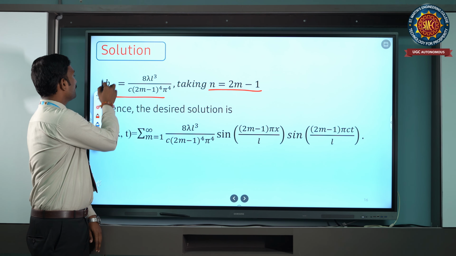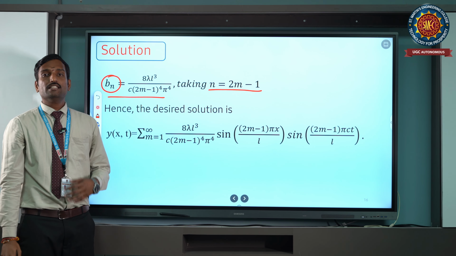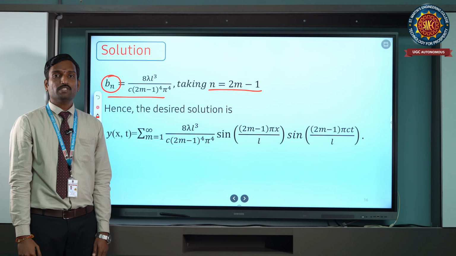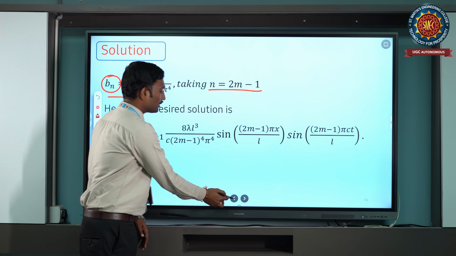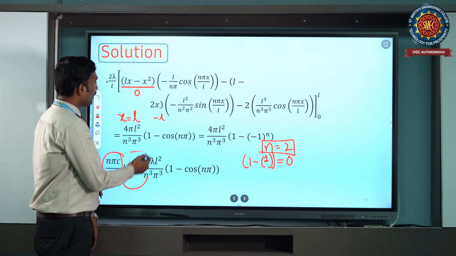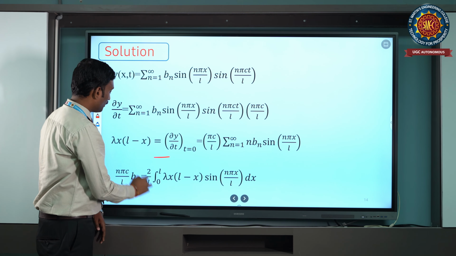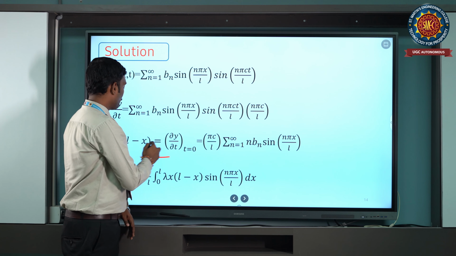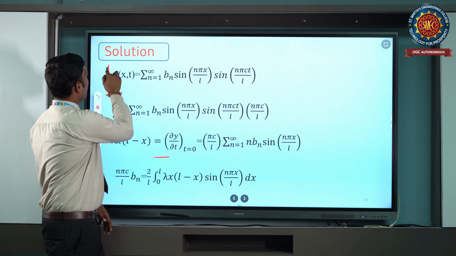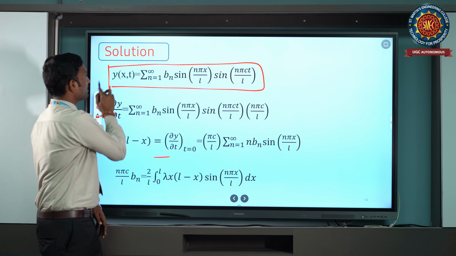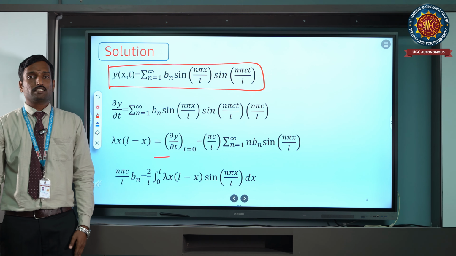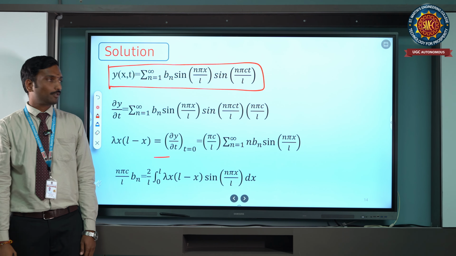This bn term we are going to substitute in the solution of the equation. The solution of the equation is given by y(x,t) equals bn sin(nπx/L) sin(nπct/L). That bn can be substituted here.